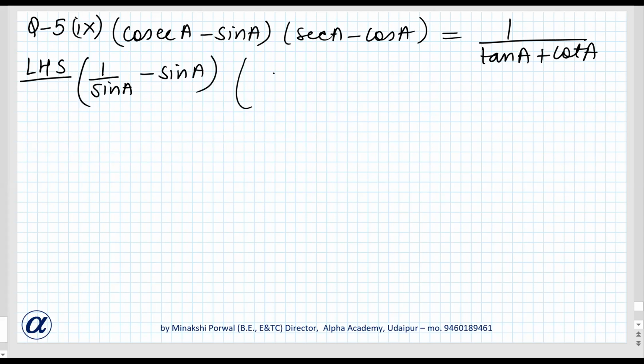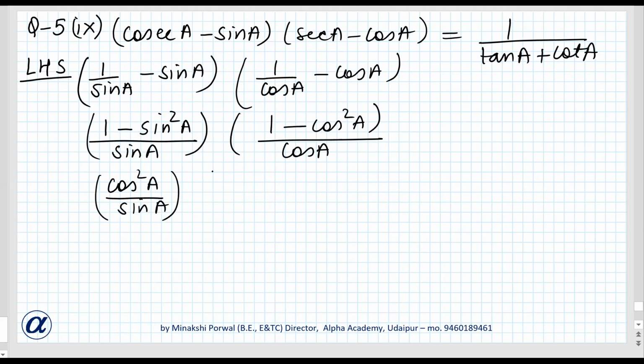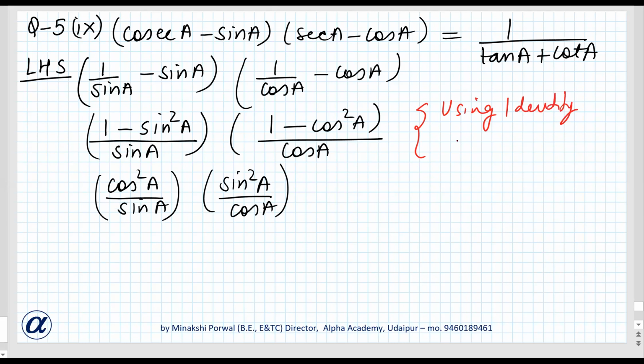Sec A is 1 upon cos A minus cos A. Now if I take LCM, sin A is LCM in the first term, so it is 1 minus sin square A. In the next term, cos A is LCM, so it is 1 minus cos square A. 1 minus sin square A is cos square A upon sin A. 1 minus cos square A is sin square A upon cos A. Here you will write using the identity cos square A plus sin square A equals to 1.